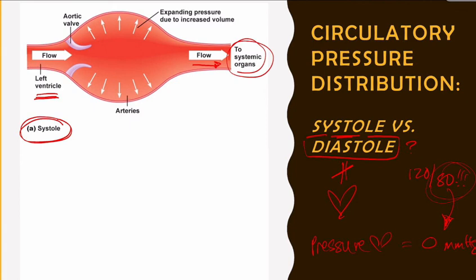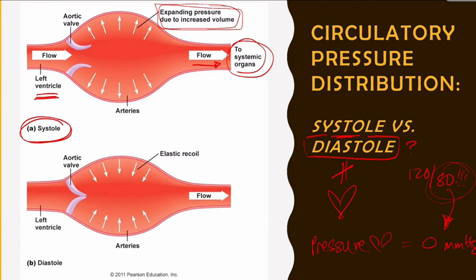But as that blood is being driven into the system, we are stretching the walls and storing elastic energy in the walls of the blood vessel. When the left ventricle drops its pressure and the aortic valve closes, the blood continues to move forward because of the elastic recoil in the walls of the vessel.